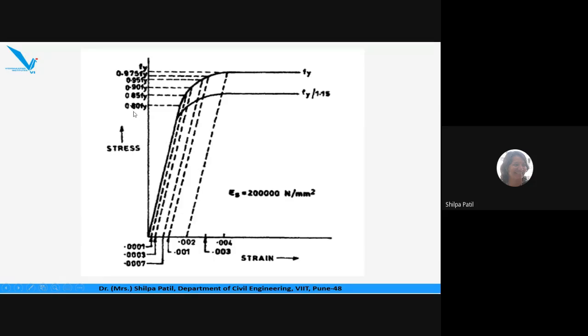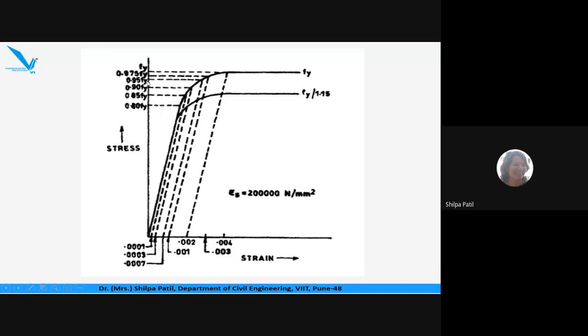For example, if I'm considering 0.80 Fy, the corresponding strain value is 0 here. If I'm considering 0.85 Fy, the corresponding strain value is 0.0001. For 0.90 Fy stress value, the corresponding strain value is 0.0003.